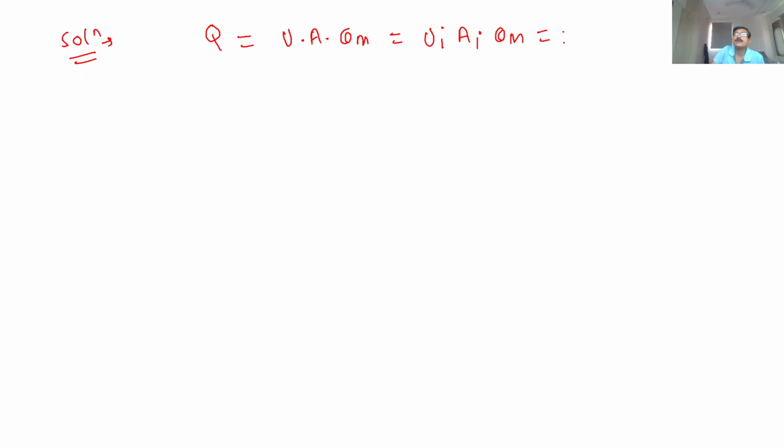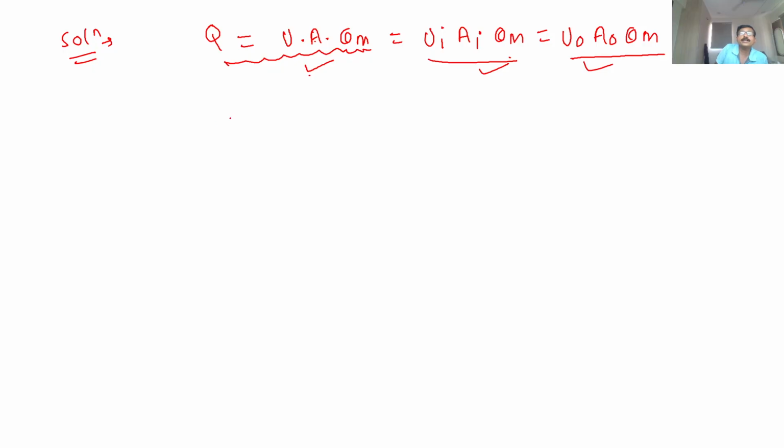If it is based on outer area, then UO, outer area AO and then theta m. And if the inner and outer tube dimensions are not given, then you can use the general formula UA theta m. If the inner radius is given, you can use this. If the outer radius is given, you can use this. So if dimensions are given for the tube, you can use this one or this one. If dimensions are not given, you have to use this formula. This is very, very important.